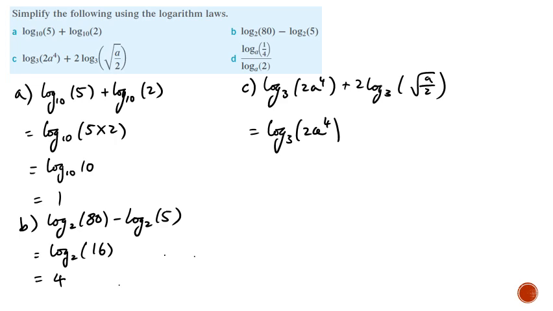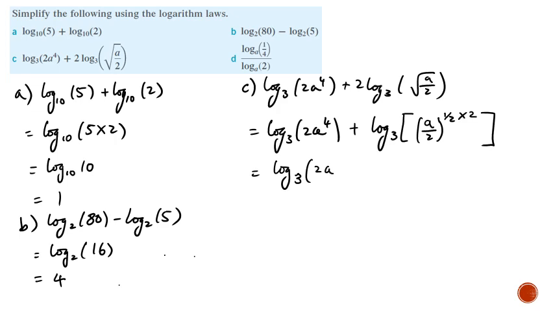Now this one over here is a over 2 to the power of a half, but then you have a 2 outside, which you then multiply as well. So that means those two cancel out. That's the reason why I said it's best to actually just simplify in terms of one single log first.